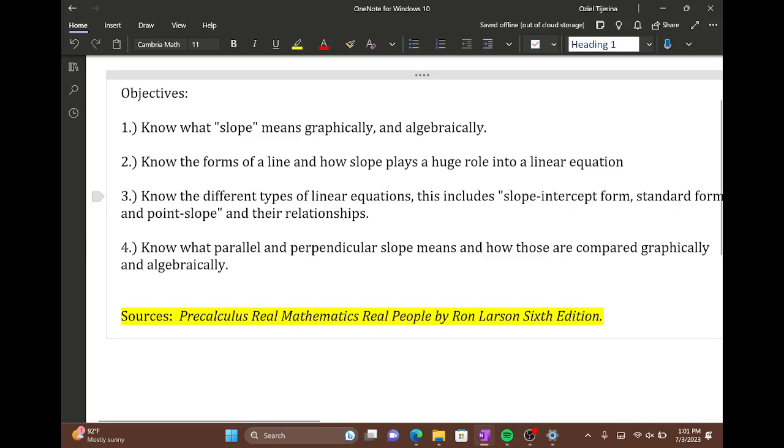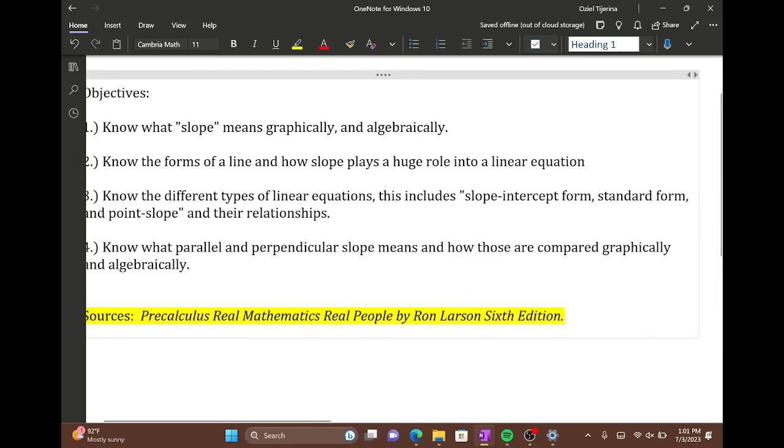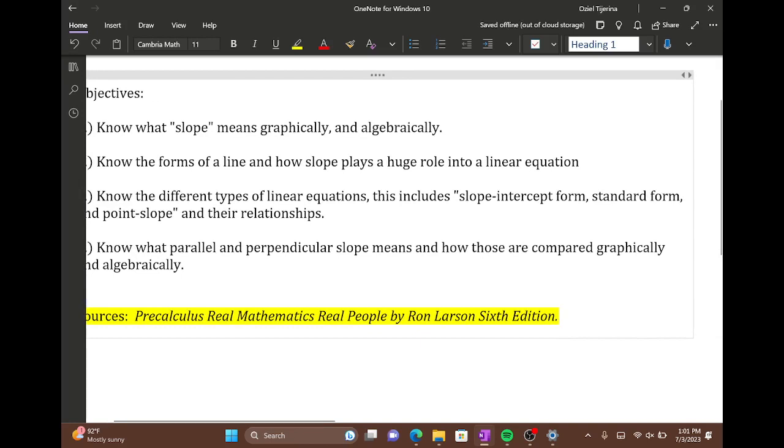And then knowing the different types of linear equations, like standard form, slope-intercept form, point-slope form, and their relation to one another, and how to convert from one to the other and vice versa.